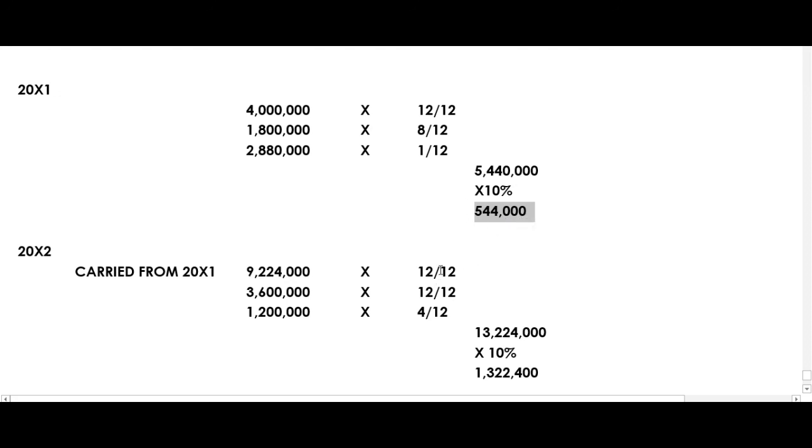Okay. Next, pagdating natin ng 20x2, magko-compute ulit tayo ng weighted average expenditure. Pero take note, dahil ito ay second year na, you need to consider na meron tayong previous cost nung last period na i-carry natin sa 20x2 kasi kasama siya sa weighted average expenditure. Nagastos mo nga rin, di ba? Okay? So, anong gagawin mo doon? Saan natin nakuha itong 9,224,000?